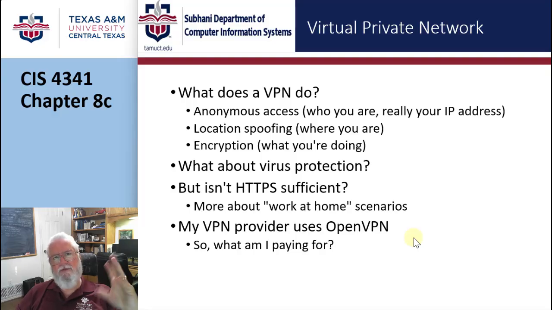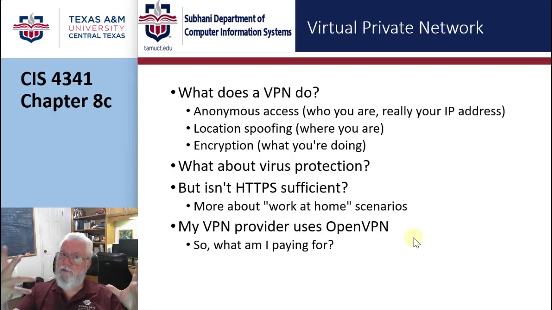They have a robust server in Dallas that can handle a couple of hundred connections simultaneously and dump you out on the internet. So you're paying for a robust server that's not going to slow you down, because VPN will slow you down a bit. But if you have a rinky-dink cheap one, it'll probably slow you down a lot. If you pay a little bit more to a more reputable company that has lots of servers and spends lots of money keeping them up, then you probably won't notice too much.